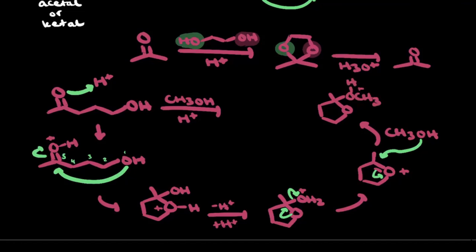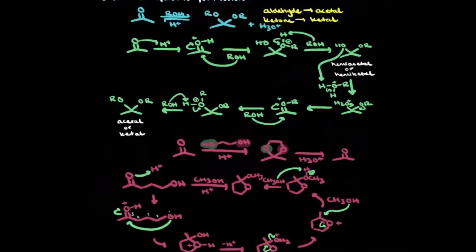And then finally, to top things off, you would use excess methanol solvent. Final product. Cool. This is a mechanism that people do tend to get stuck on, so be very, very careful with how you draw this. Okay. Any questions about these mechanisms?